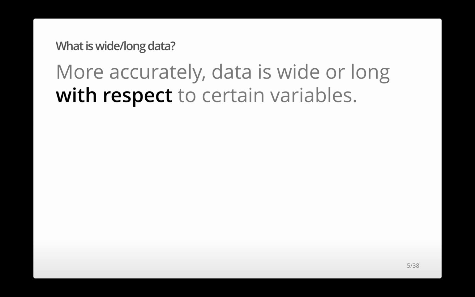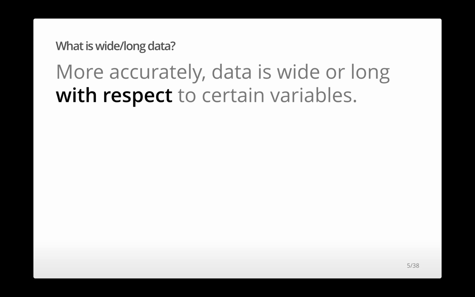Some of the data we'll be talking about, like the circulator data we talked about before, had a different column for the purple line, the green line, the orange line. We had multiple observations per day. So it was long for each one of those lines, but it was wide with respect to the line.